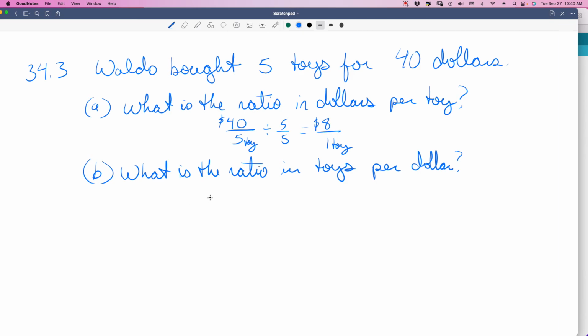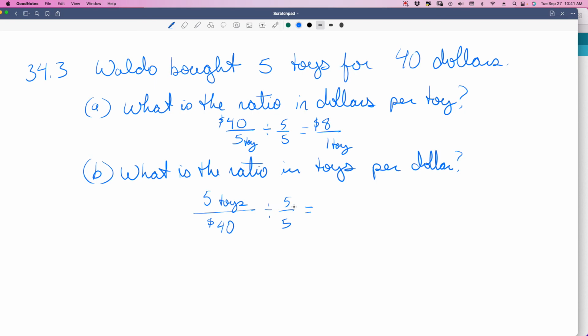So I'm going to write toys, 5 toys on top, and $40 on the bottom. Again, same ratio, though it's not the same because you're doing it in a different order, but we're going to do the same division because it's the same number, so they're reducible by the same factor.